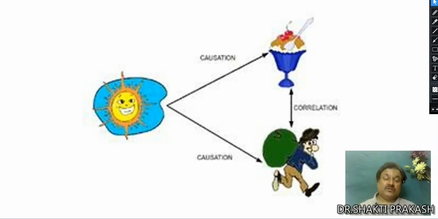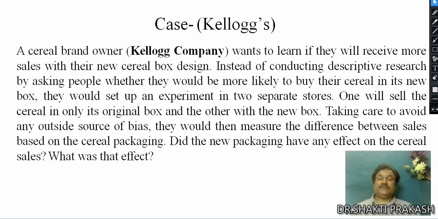So this is also an example of cause and effect: hotness, warm weather, required ice cream, and that is correlated with ice cream purchased by customers. This is cause and effect. Now, next is Kellogg's.